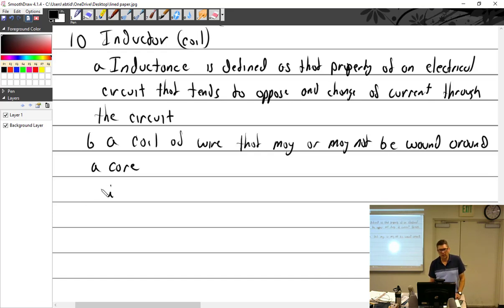If you wind the wire around a core, it is going to have much different properties than if it is not. So a core, especially if it's an iron core, has the ability to pass magnetic flux through it.